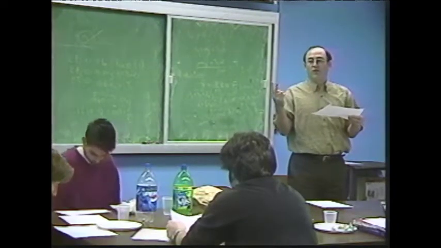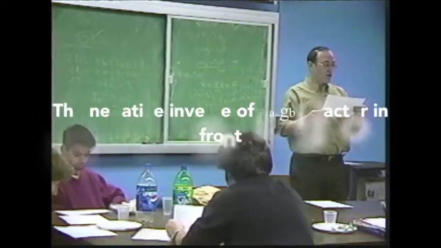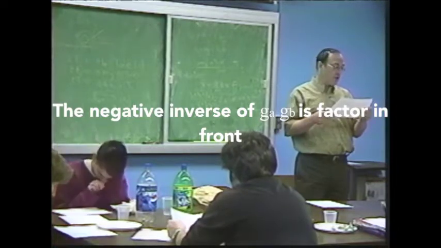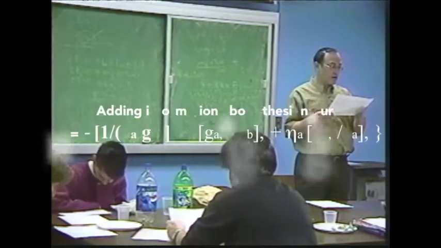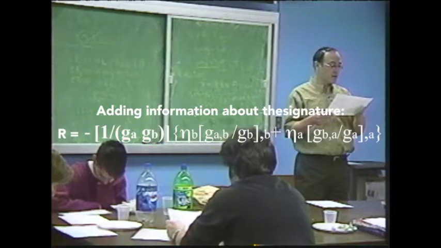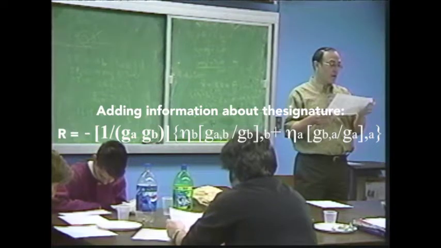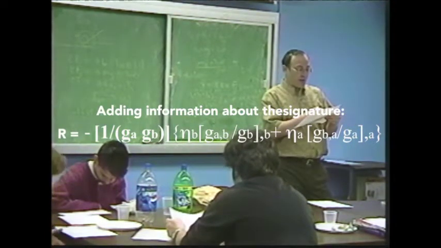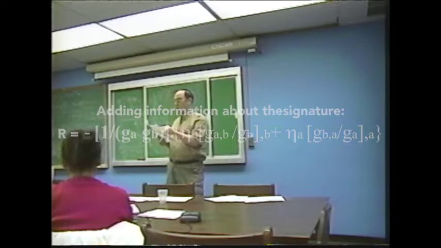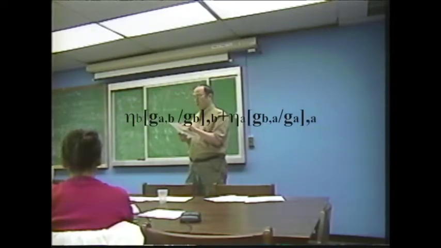Two metric coefficients, a and b. And multiply the two of them. You have ga times gb, and take the inverse, and multiply that by this whole thing in the squiggly brackets. Now, what are the two terms in the squiggly brackets? Look at the square brackets within the squiggly bracket. Look at those two terms to see the symmetry. The etas just give you the sign.